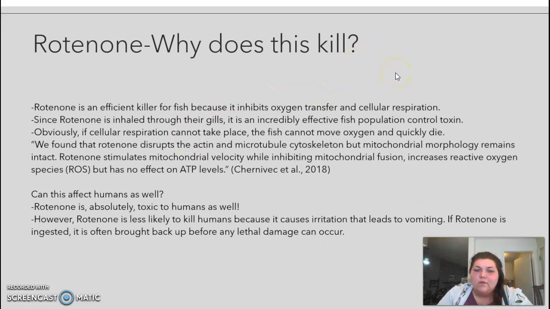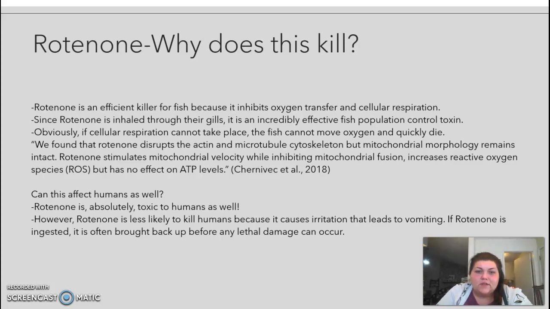So whenever we talk about rotenone and why it does kill, we kind of touched on it already: it inhibits oxygen transfer and cellular respiration. If cellular respiration cannot take place, the fish cannot move the oxygen, and they quickly die. Obviously, fish have a little bit different of a physical makeup than humans, so they are not able to regurgitate the toxin and it's breathed in directly, so they don't have a chance for it to be non-fatal.